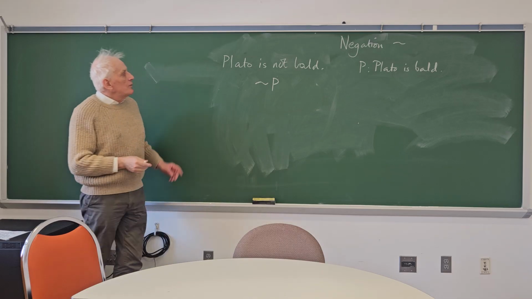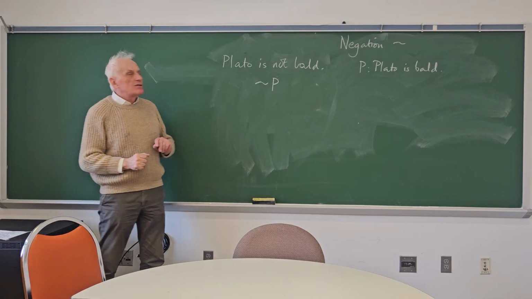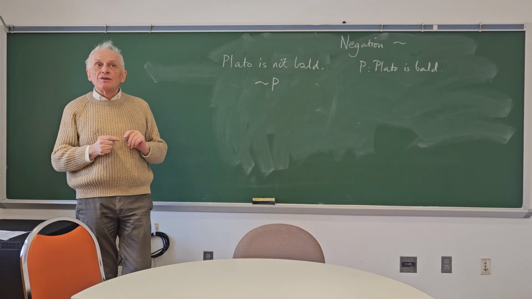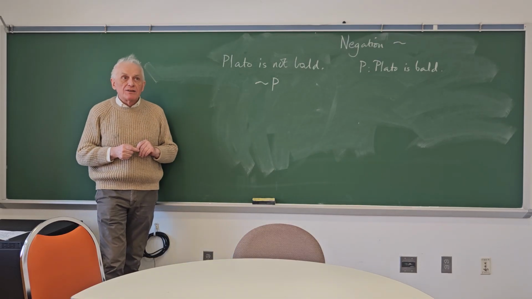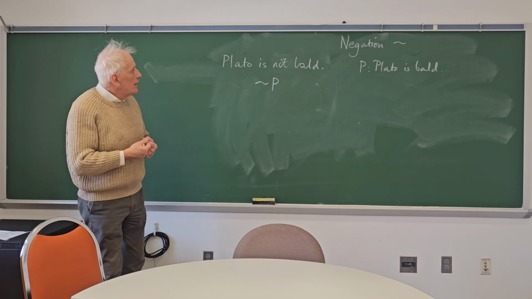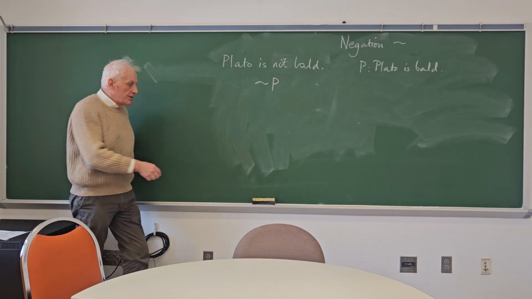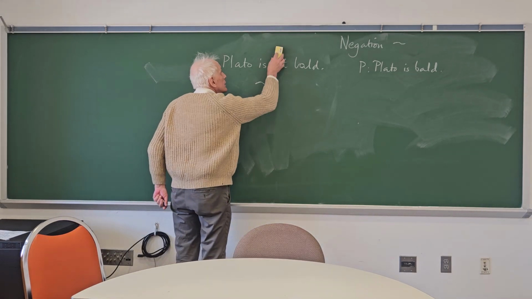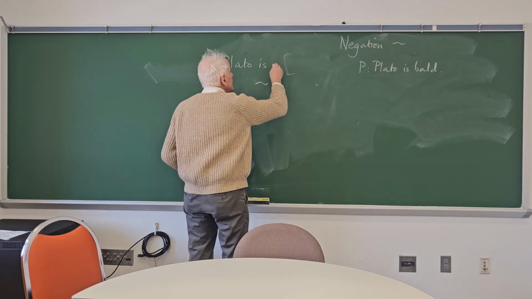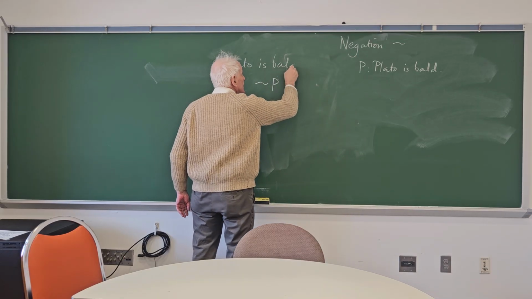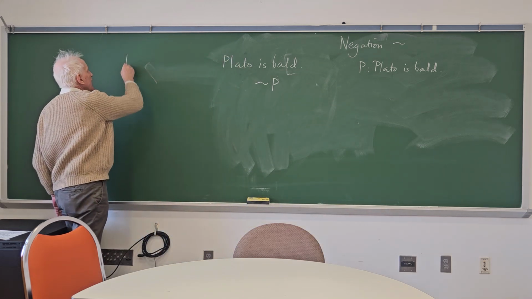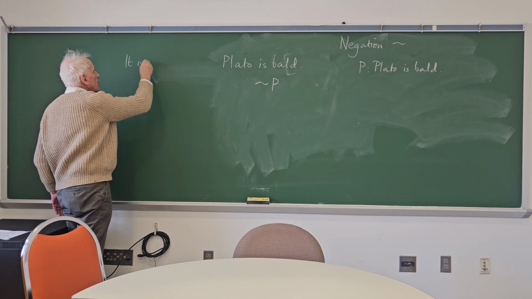We don't put the negation inside the sentence like we do in English. In English, we very often just drop the negation into the middle of the sentence. Plato is bald, Plato is not bald. But that's not the only way we do it in English, and in fact, we can keep, so to speak, the atomic sentence Plato is bald all by itself, and we just add a negation operator at the front.